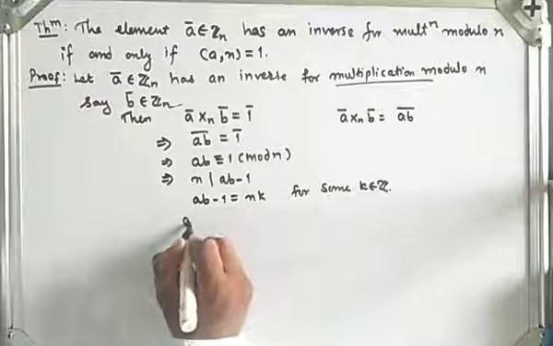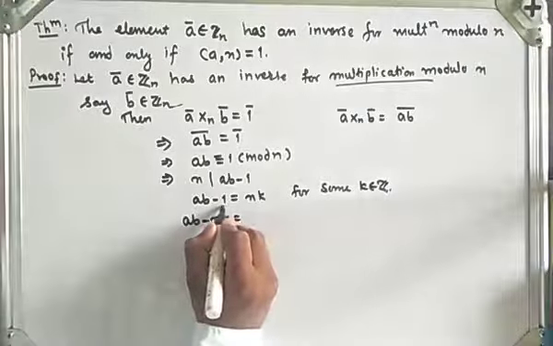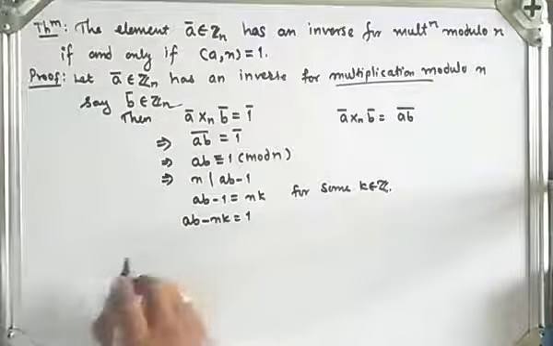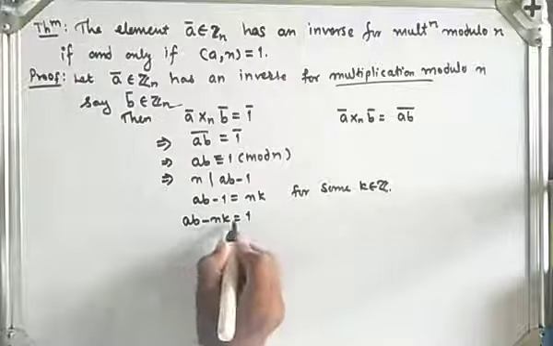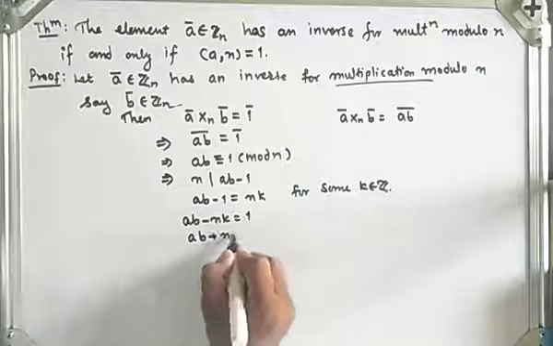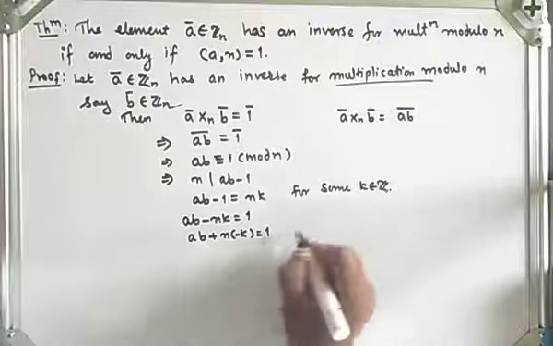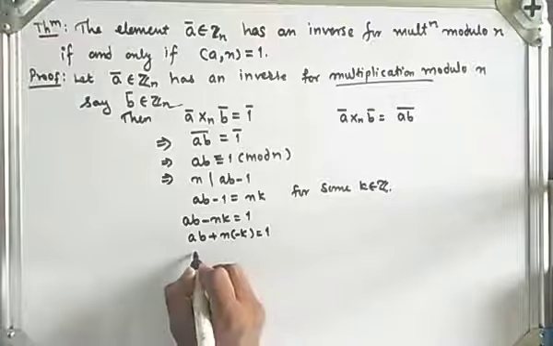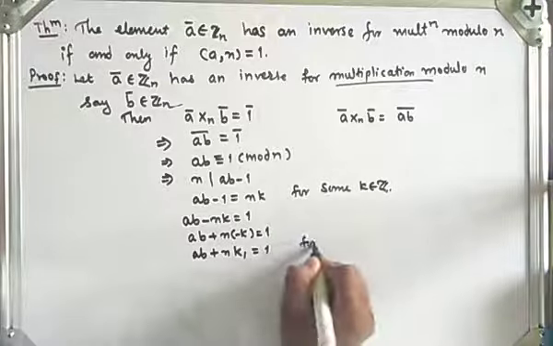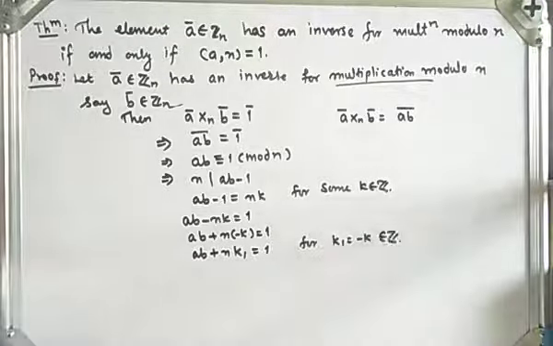We get a into b minus n into k, and the minus 1 goes to the right-hand side, so we get 1. I will adjust the minus sign in the integers, so we get a into b plus n into minus k, which is equal to 1. I will put it as k1, so a into b plus n into k1 is equal to 1, for k1 equal to minus k, which belongs to the set of integers.